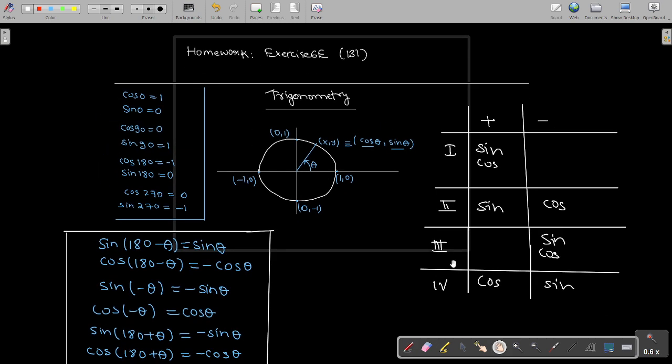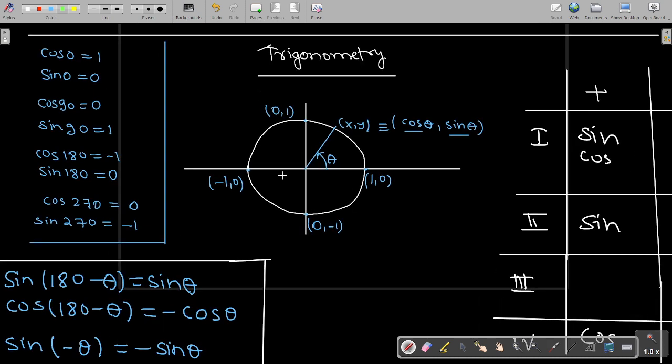One thing now: sine of 180 minus theta. You have to keep this in mind. 180 would be like this, and minus theta would be somewhere here. So in which quadrant are you if you do 180 minus theta?